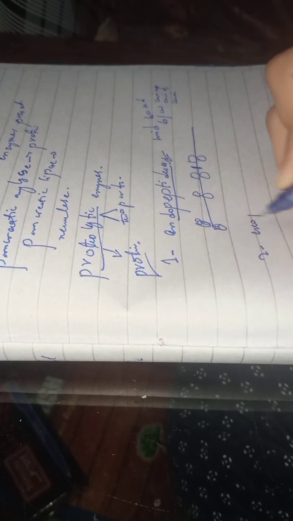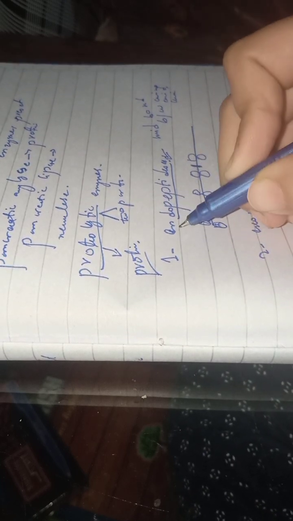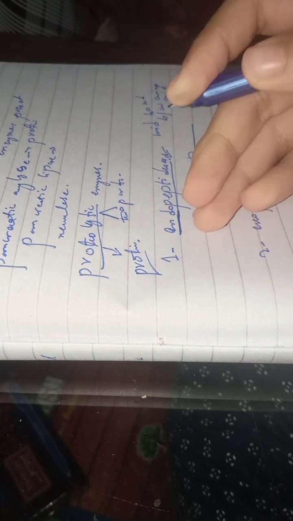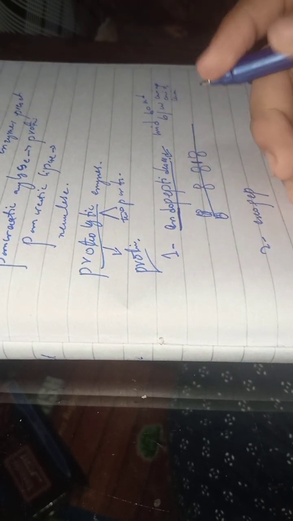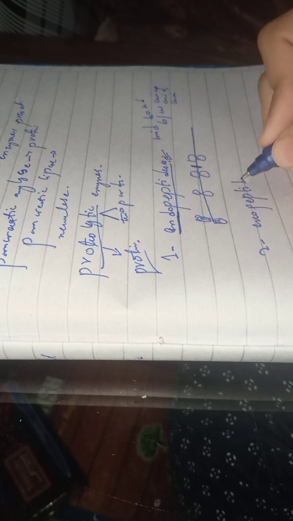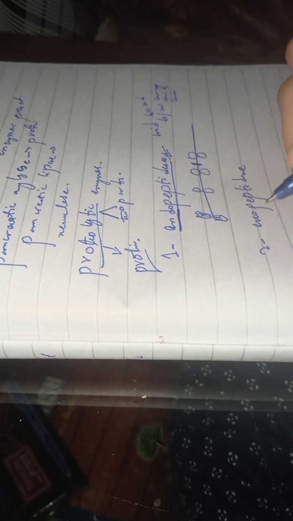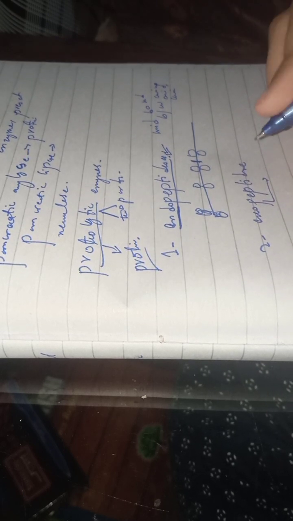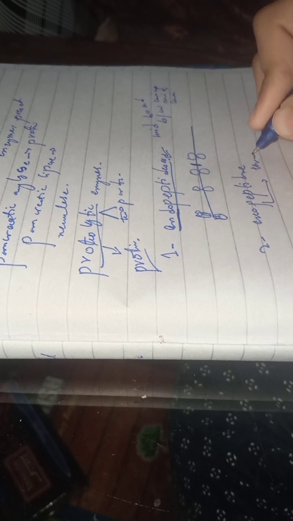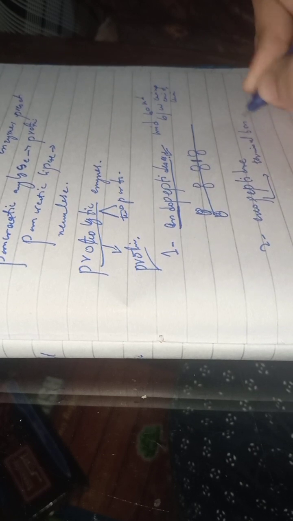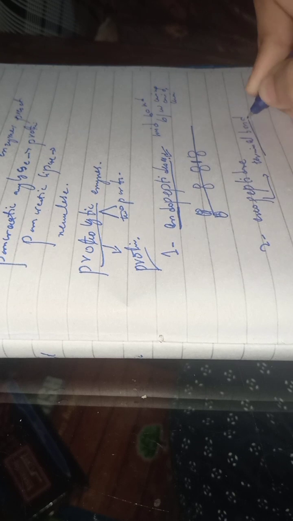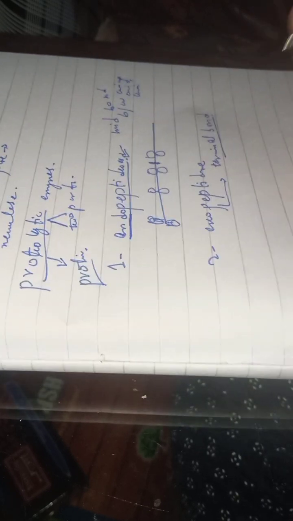If you talk about the exopeptidases, you can see by the name that endo means something that is inside, and exopeptidase is outside. So exopeptidase will break down the terminal bond.